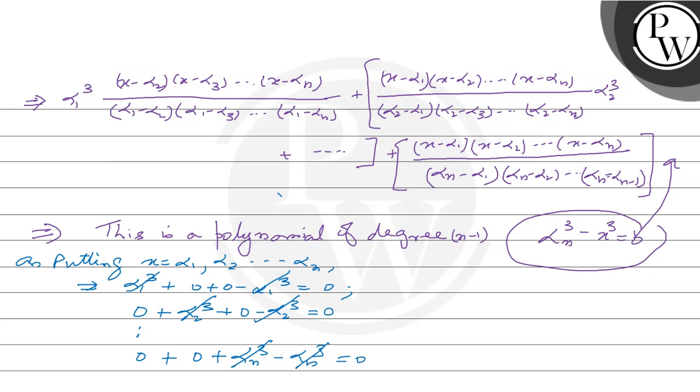Is it clear? So alpha 1, alpha 2, up to alpha n, they are satisfying the polynomial here. So I am changing the page again.